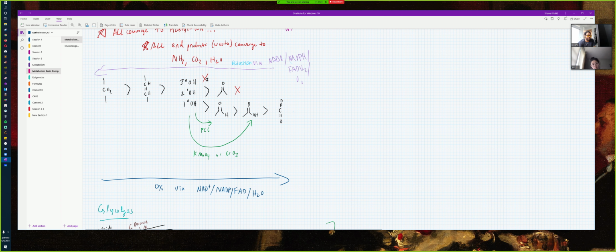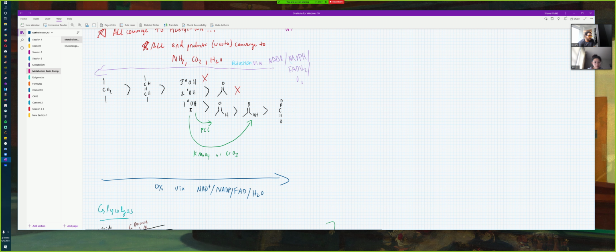If it's tertiary, it stops right there; you can't oxidize it any further. If it's secondary, it will be oxidized into a ketone, which cannot be oxidized further. If it's primary, it'll be oxidized into an aldehyde, and if you oxidize it again, it'll turn into a carboxylic acid.